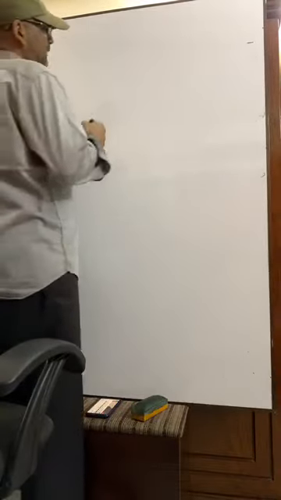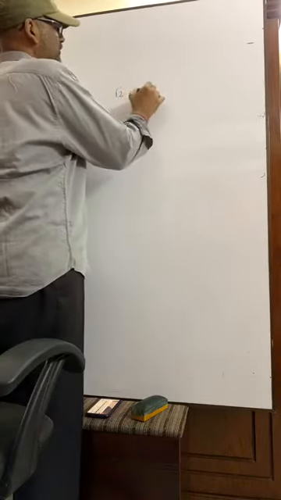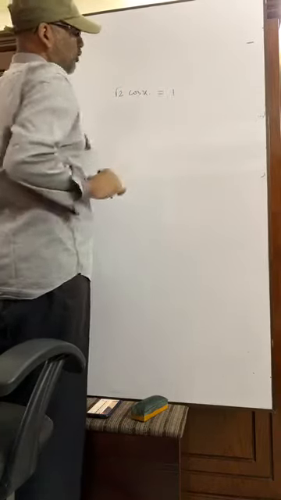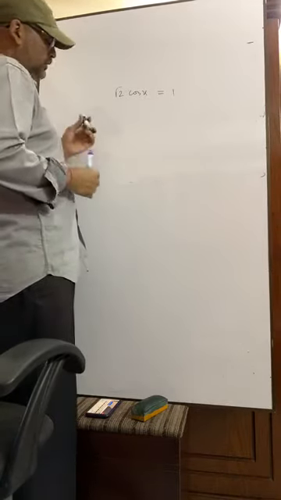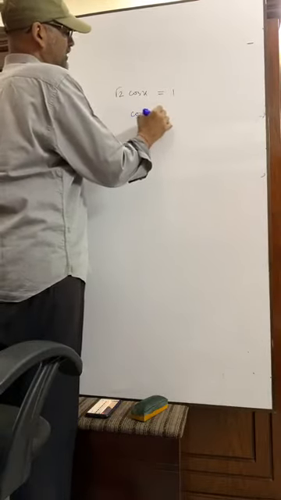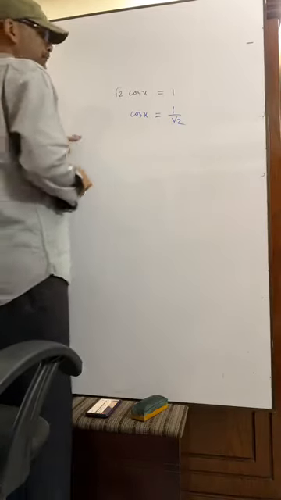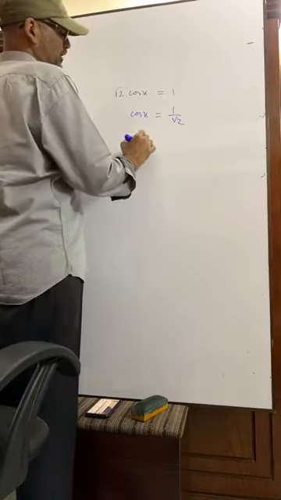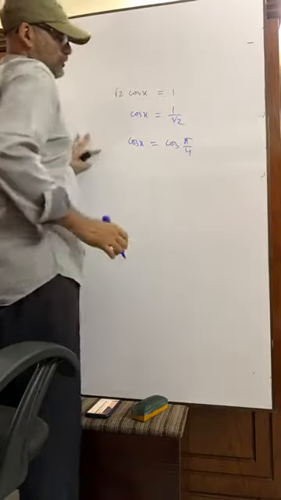Suppose you are given a math like this, root 2 cos x equals to 1. What is the general solution? Root 2 cos x equals to 1. What we can write? Cos x equals to 1 by root 2, right? That means cos x equals to cos pi by 4.